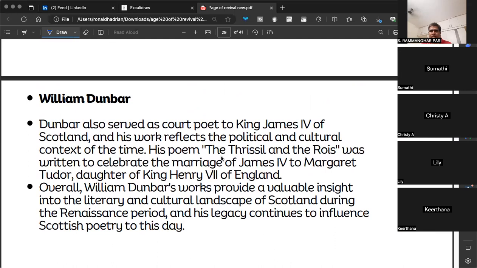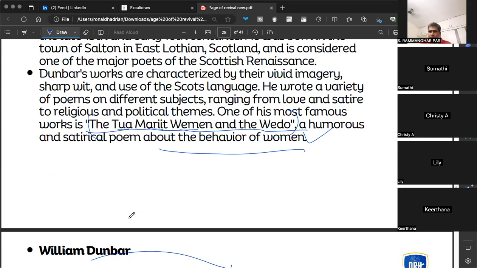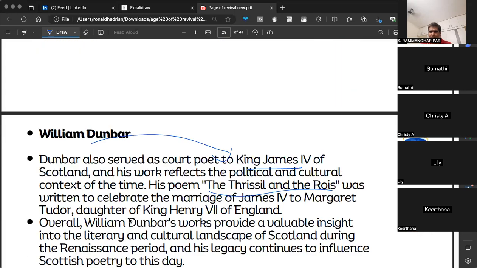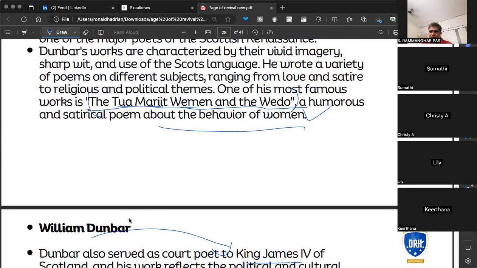And another important poem is The Thistle and the Rose, for King James IV. Remember both works of William Dunbar. What are his two works? The Thistle and the Rose. Then The Two Married Women. To all married women and the widows, I think.